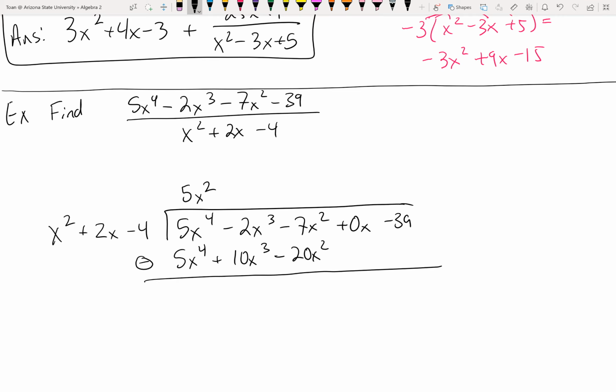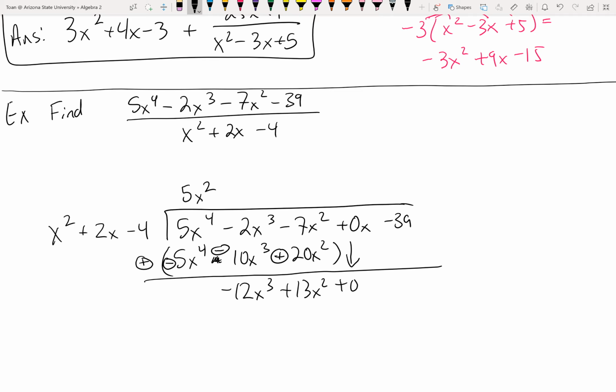I'm going to subtract, but instead of subtracting, I'm just going to flip all the signs. So this becomes a plus, that becomes a minus, that becomes a minus, that becomes a plus. The x to the 4ths are canceled. I have negative 12x cubed, a positive 13x squared.